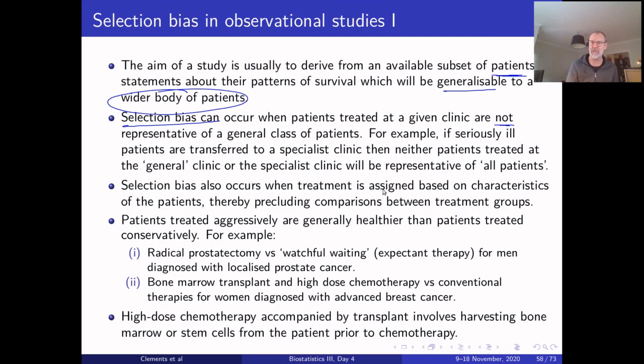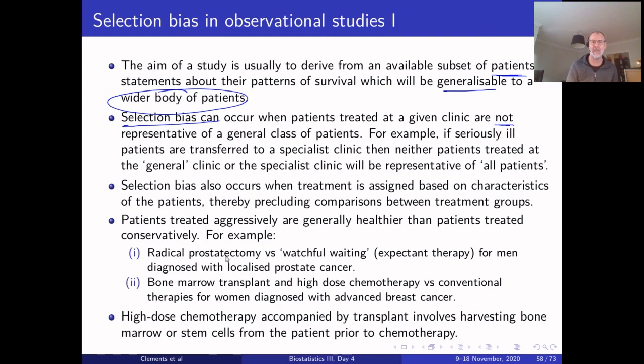Selection bias can also occur when treatment is assigned based on characteristics of the patients, thereby precluding comparisons between treatment groups. As an example, patients may be treated more aggressively if they are generally healthier than those patients who are treated conservatively.